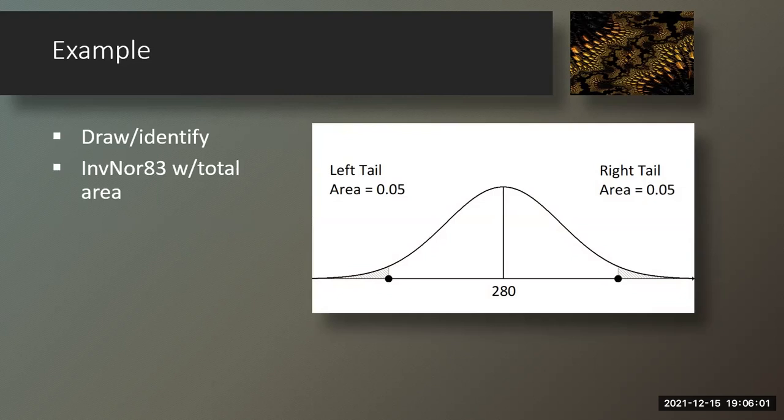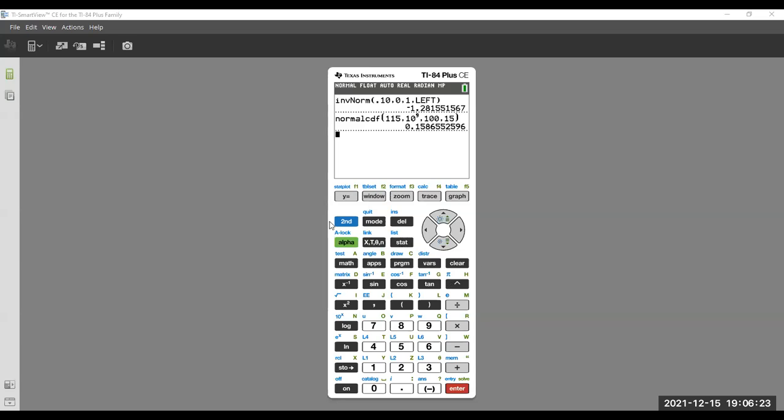So I want to identify the cut scores for the bottom and top 5% of pregnancy length in terms of days. The total area is 10%, but the area for each tail here is 5% or 0.05. So since I'm after a score, it's the inverse normal tool I wish to use now.